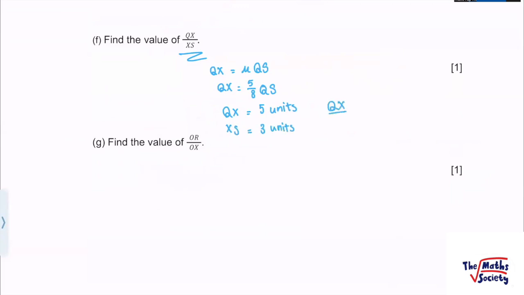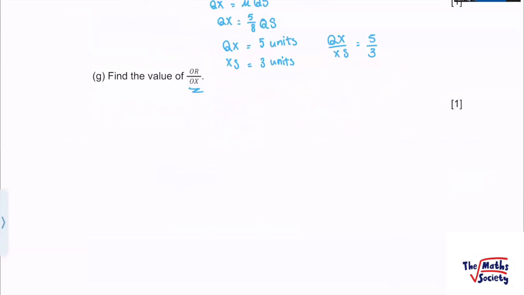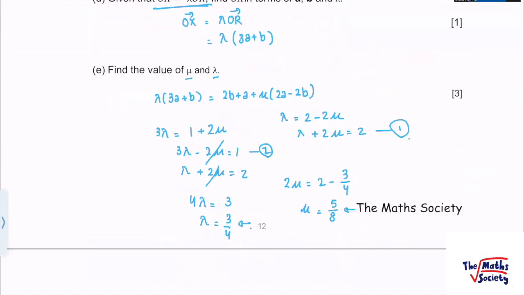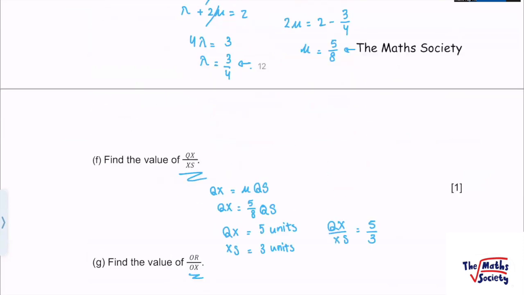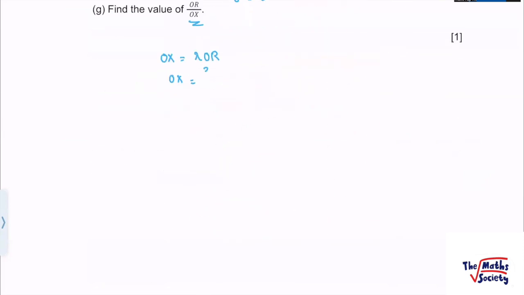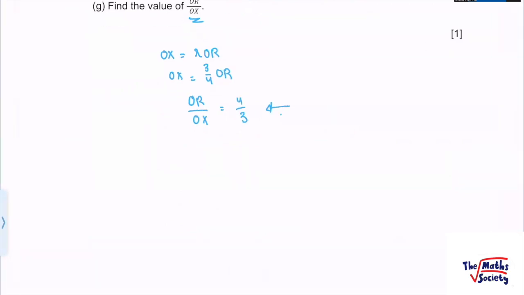So QX by XS is just going to be 5 by 3. And it says to find the value of OR by OX. So we know that OX was equal to gamma OR, and gamma was 3 by 4, so OX is 3 by 4 OR. So OR by OX, just flip it around, is 4 by 3. And that's it. Yep, so that's all for today, and I'll see you in the next video.